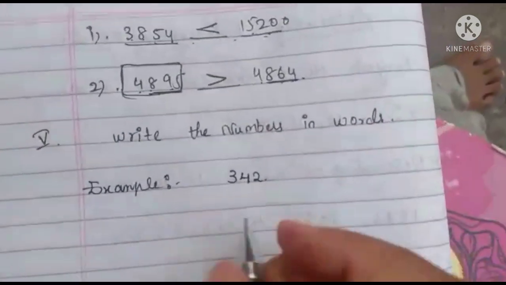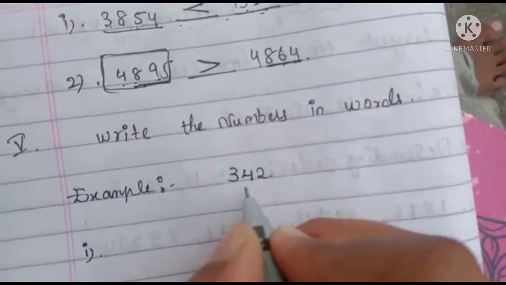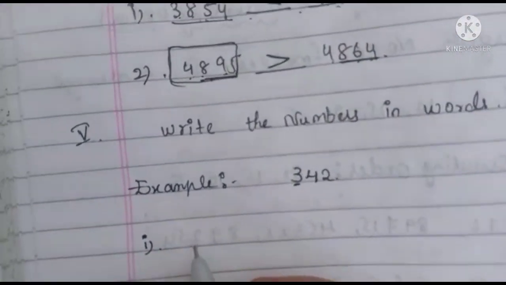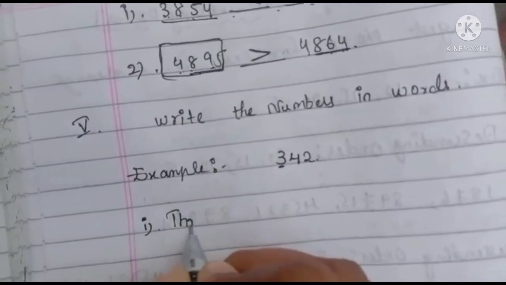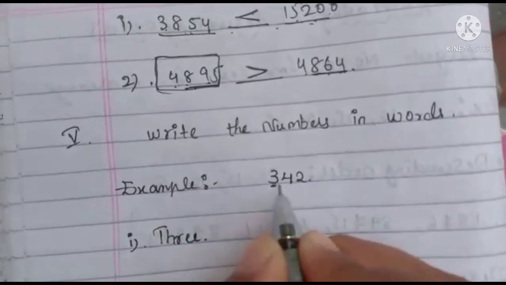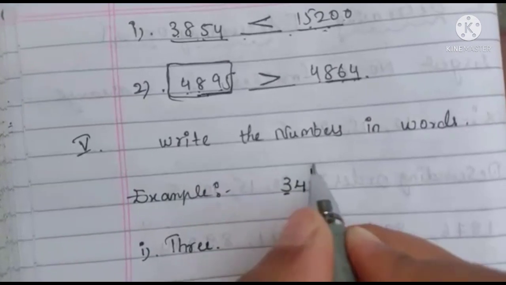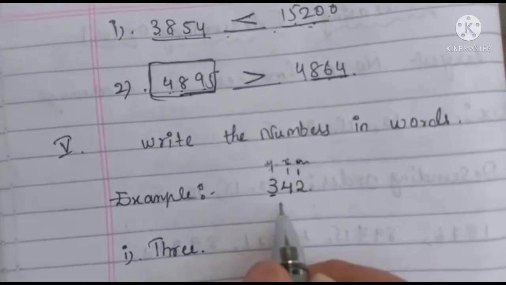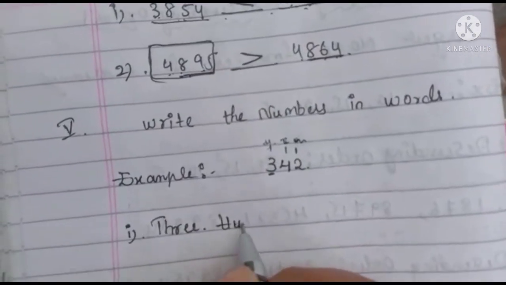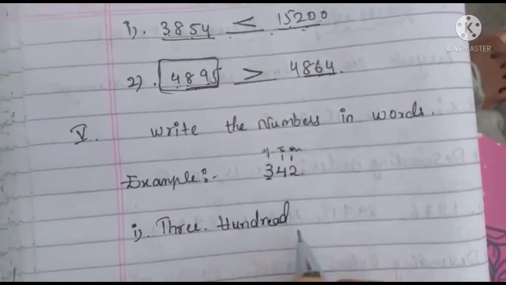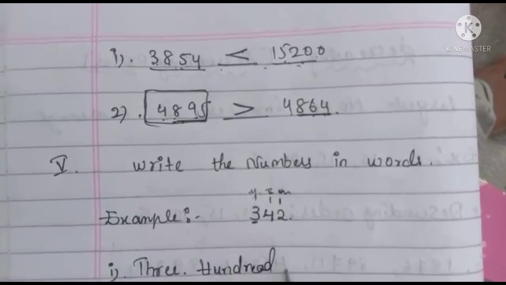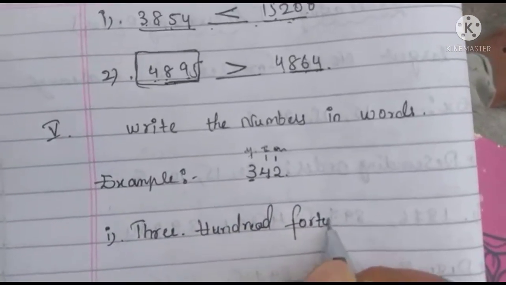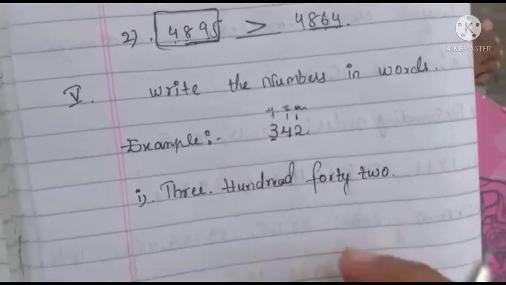We have to write this in words. 342. 3, you know the number in word: THREE. 300. Here is ones, tens, hundreds. 3 is in the hundreds place, so 300, 342. Okay, do you understand?